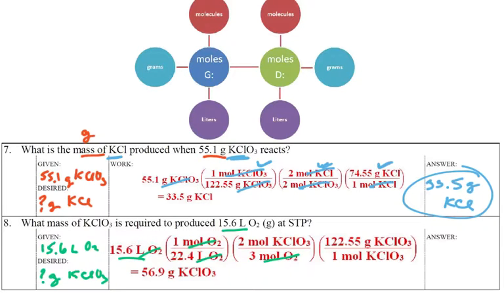And then we can go from moles of KClO3 to grams of KClO3 using the molar mass. And we end up with our answer. And the answer here is 56.9. And that is grams of KClO3. And that is how we do these kind of problems. That's the intro.